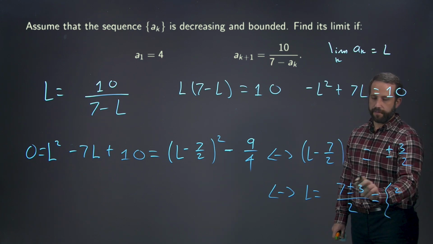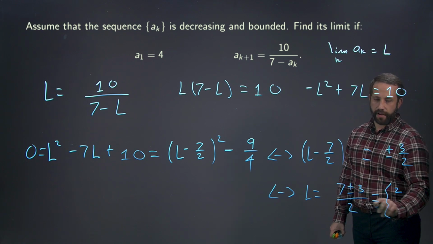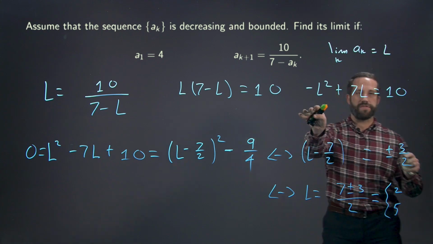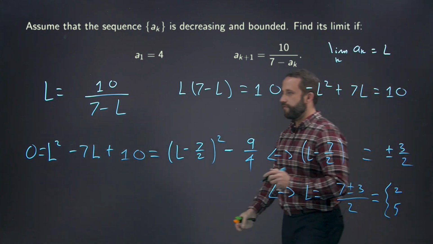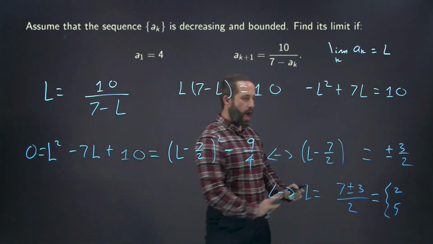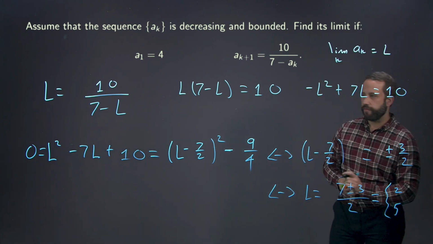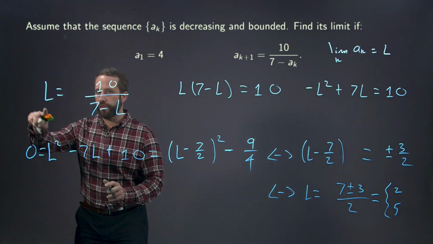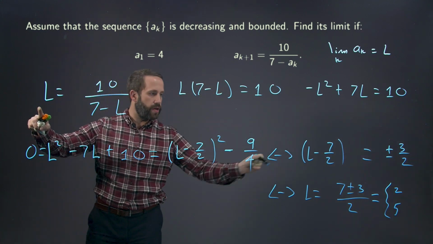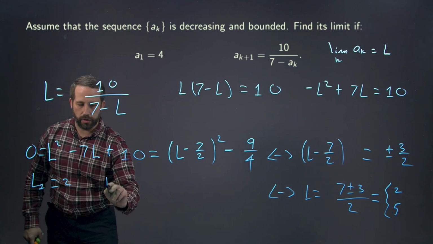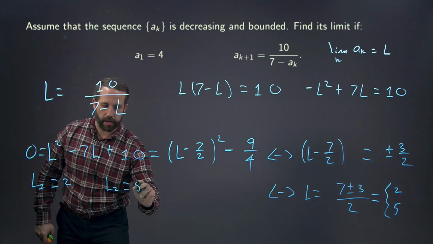The other option is 7 plus 3, that's 10, and 10 divided by 2 is 5. Also, you could also just factor this as well. Again, however you want to do it is fine with me. So the two solutions are L is equal to 2 and 5. In other words, the limit is either equal to 2 or 5. So I'm going to say L1 is equal to 2, and L2 is equal to 5.